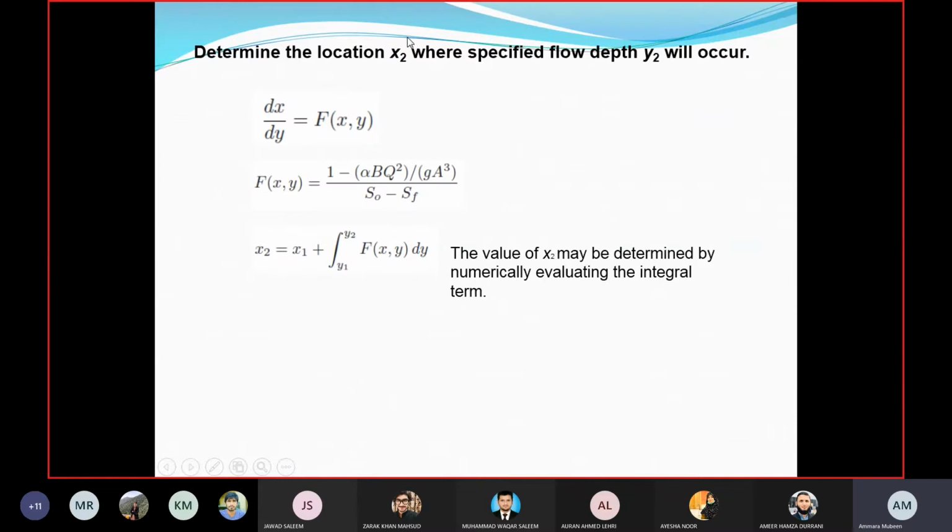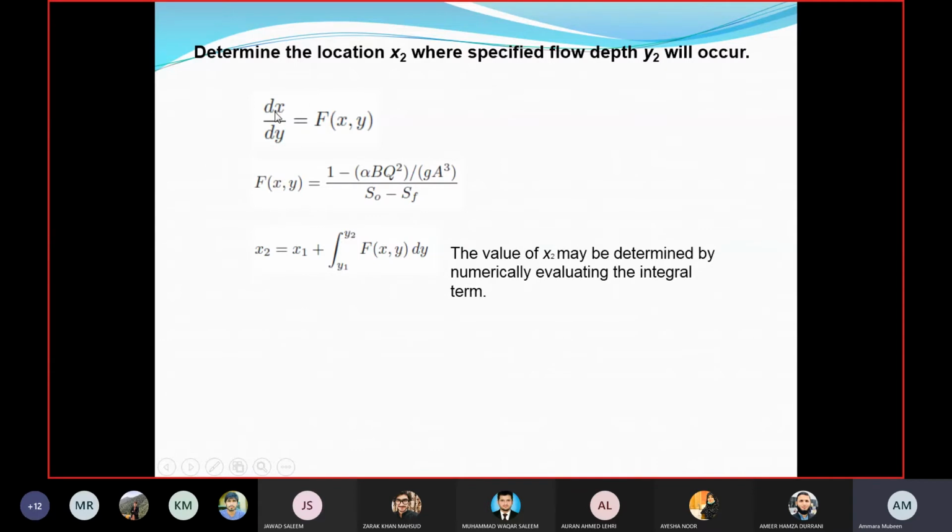The other is to determine the location of x2 where a specified flow depth y2 will occur. That is the method we discussed in the first lecture. What is that method called? Direct step method. In this case, it is the same governing equation, but the reciprocal of the governing equation, because we need the x distance on the x-axis.